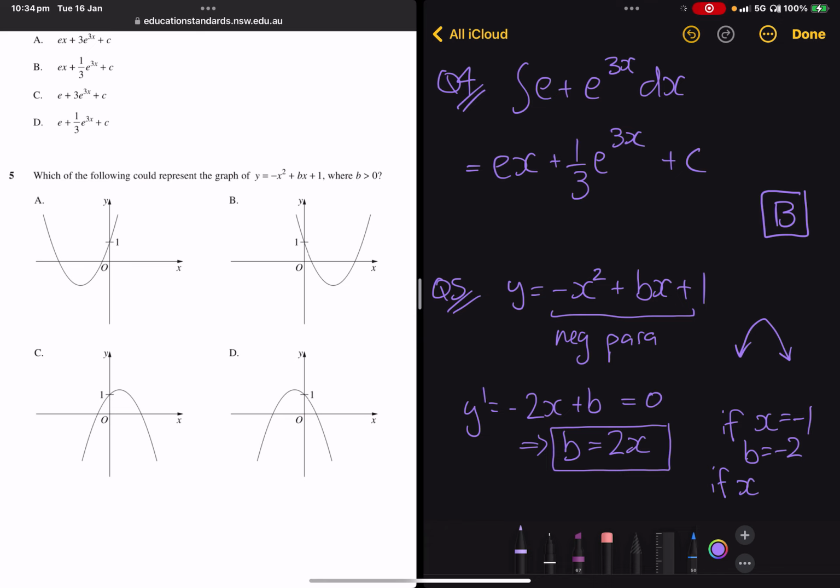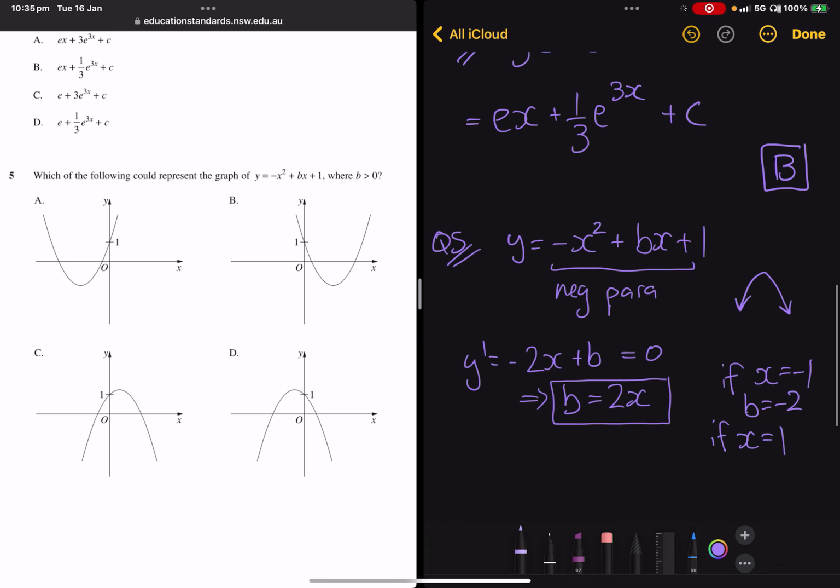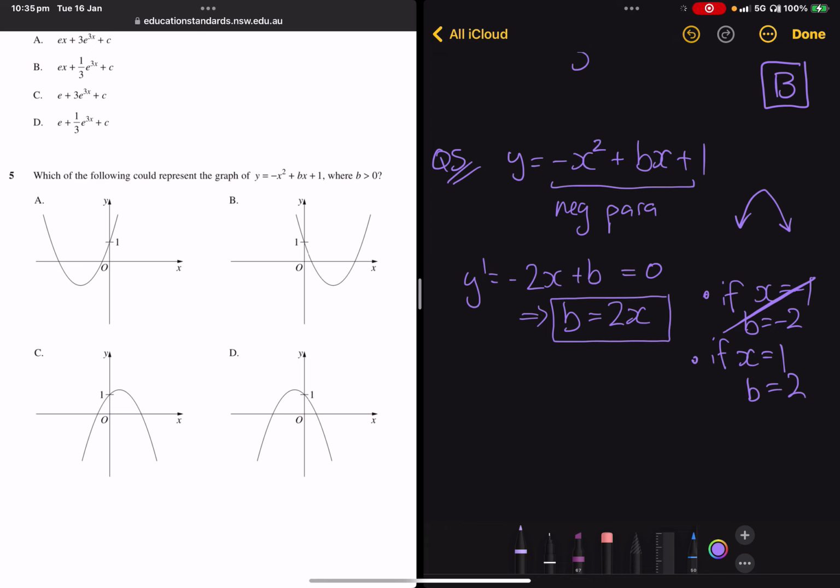Now the question tells us b is greater than 0. So b can't be minus 2. So the maximum cannot occur at x is minus 1. D is actually impossible. The maximum must occur when x is equal to 1 and b is equal to 2. Therefore, our answer is going to be C.